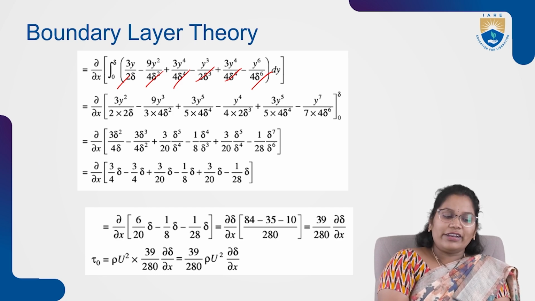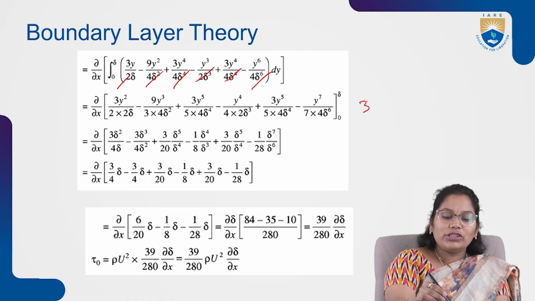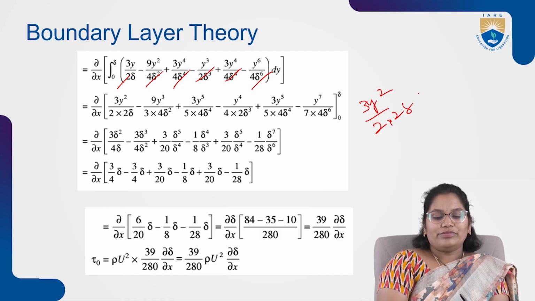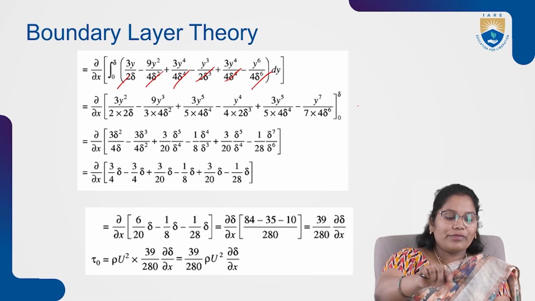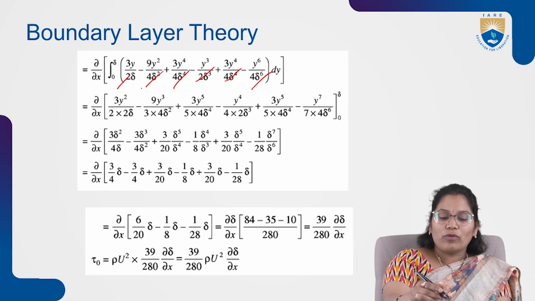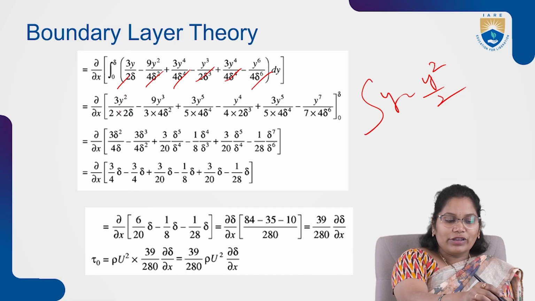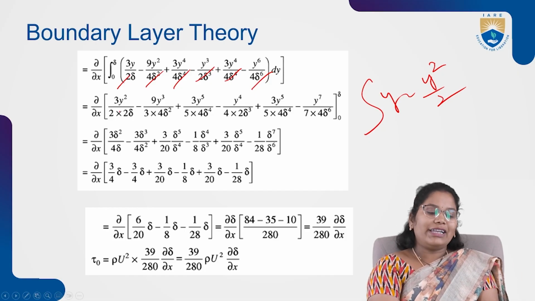So when you integrate, 3y by 2 delta will become 3y square by 2 into 2 delta. Yes, 3 by 2 is common. You are getting the integration of y as y square by 2. So here y square by 2 delta.